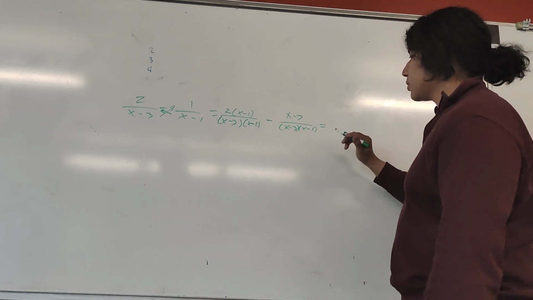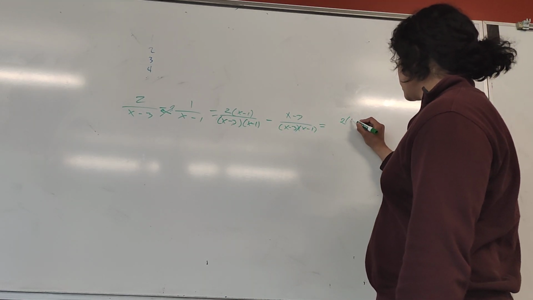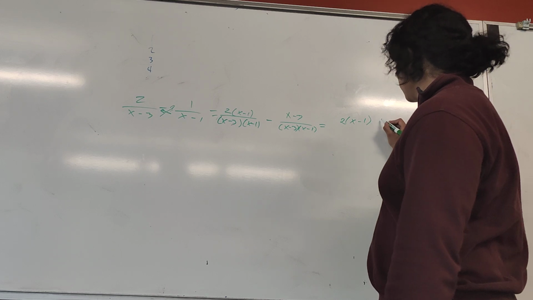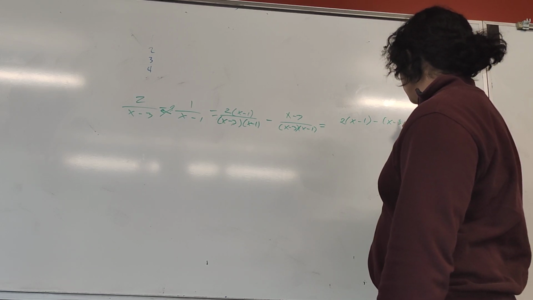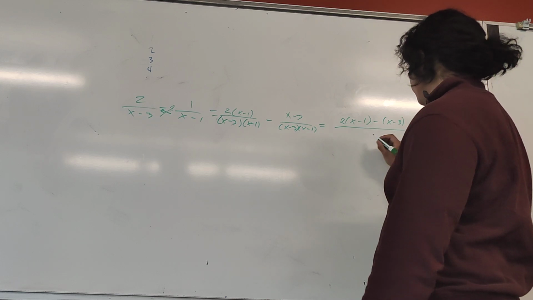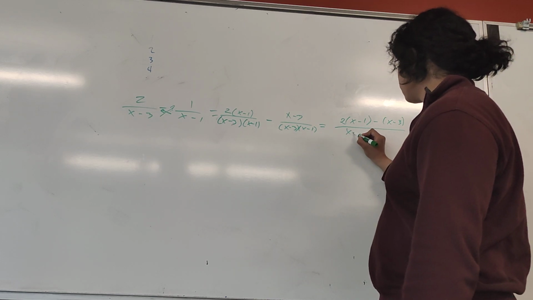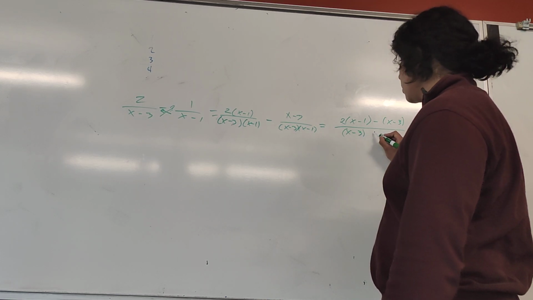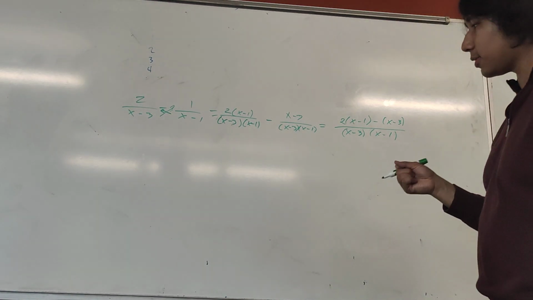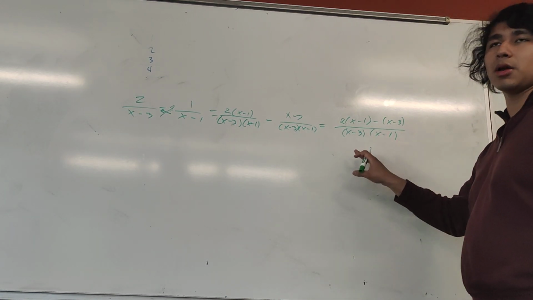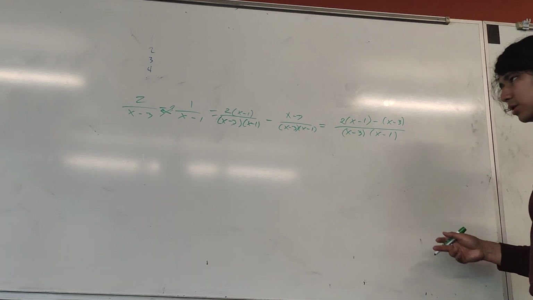And we can rewrite this as 2 times x minus 1 minus x minus 3, over x minus 3 times x minus 1. I'm not saying the parentheses when I'm writing it down, but I am including them.